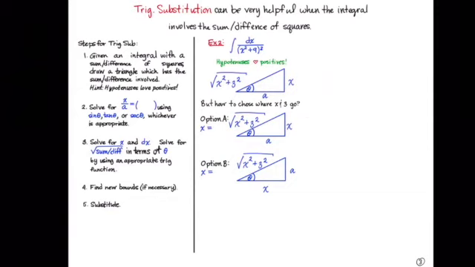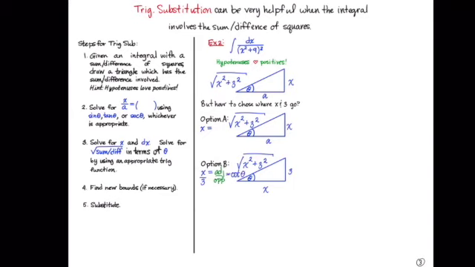in option B, when we're looking for that relationship of x over 3, well, now that's going to give us x over 3 is adjacent over opposite. And that would give us that cotan theta that I said we don't want to ever use.